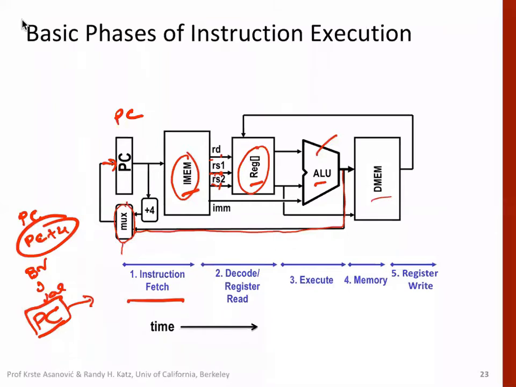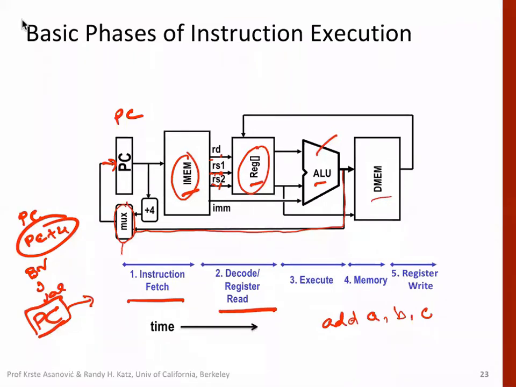First is instruction fetch. Second is instruction decode, which makes sense of what the instruction is, and then register read, where we read the registers at the same time. For example, the instruction is add, with registers, hypothetically, A, B, C. The actual register numbers could be very different.